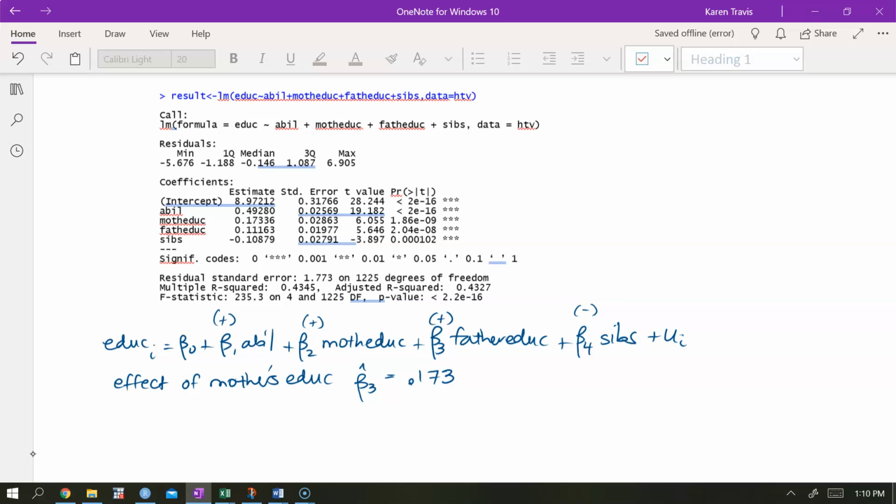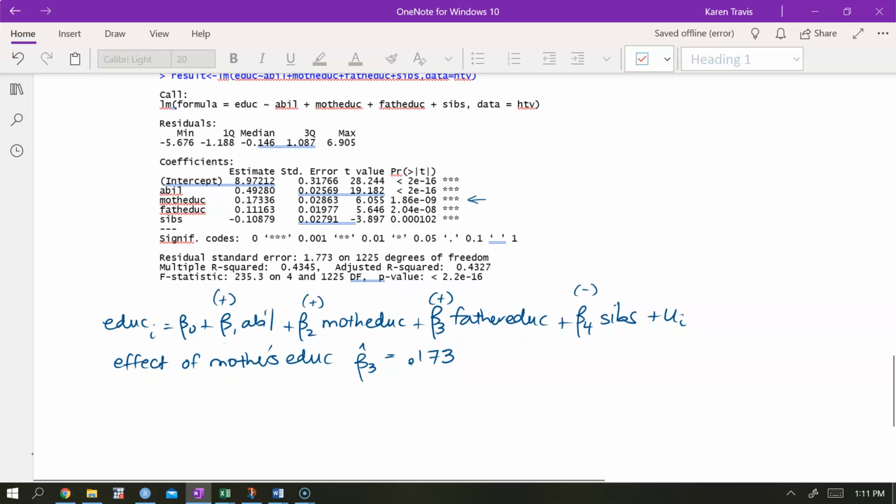We can note right here that the very tiny p-value is indicating that it's highly significant, and all of the variables in our model have highly significant coefficients. So we already know it's significant.